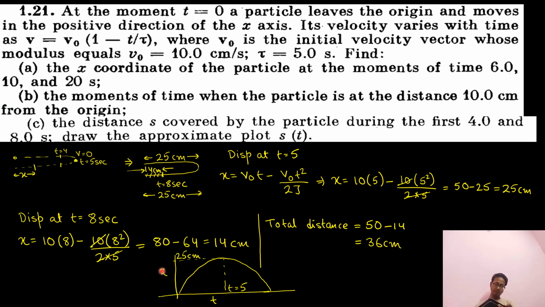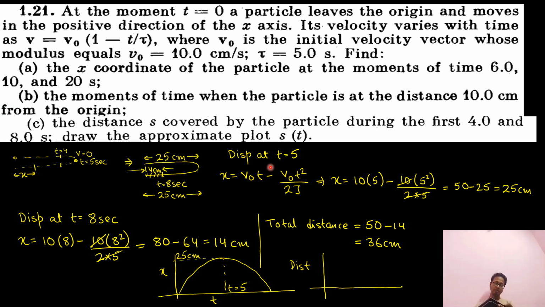Out here, what I've drawn is displacement time graph. If I need to draw the distance time graph, there is a trick out here. Whenever you are drawing distance time graph from displacement time graph, you can directly apply a simple trick. This is distance, and out here this is displacement time graph.